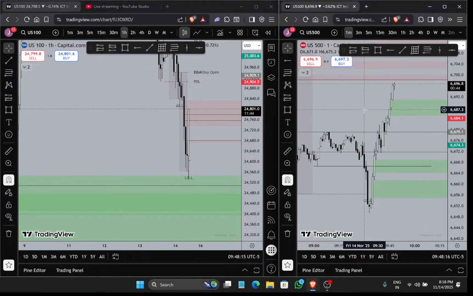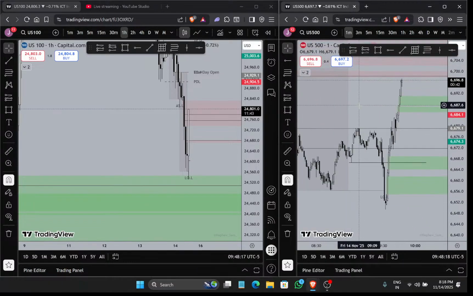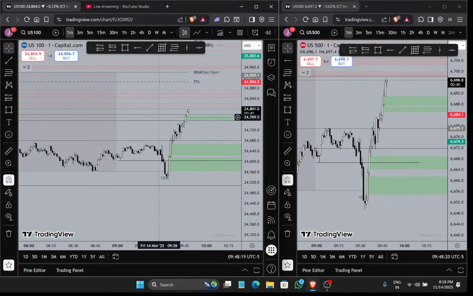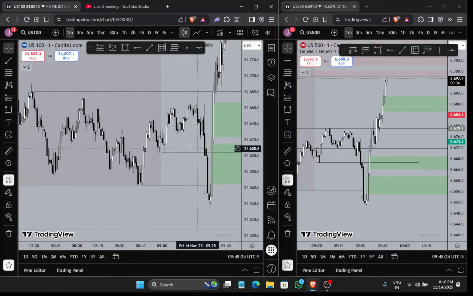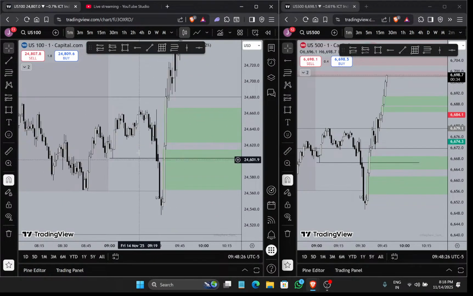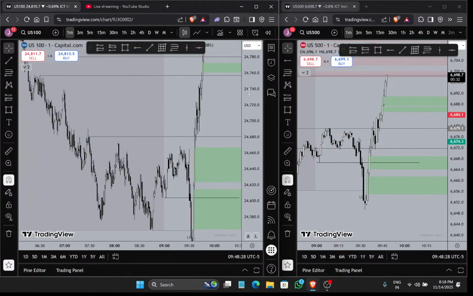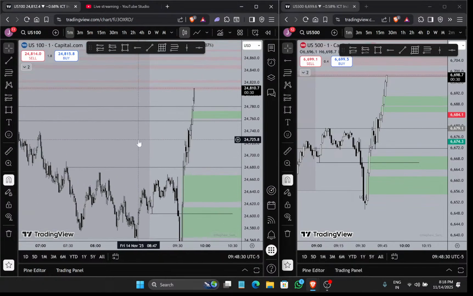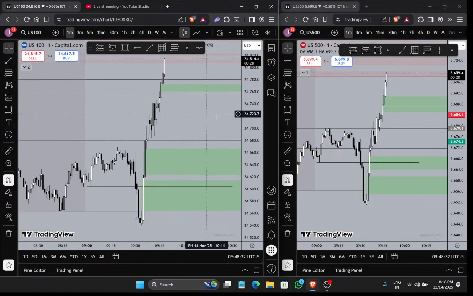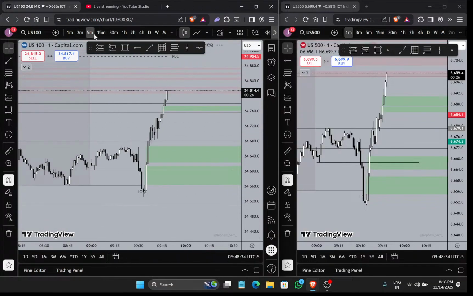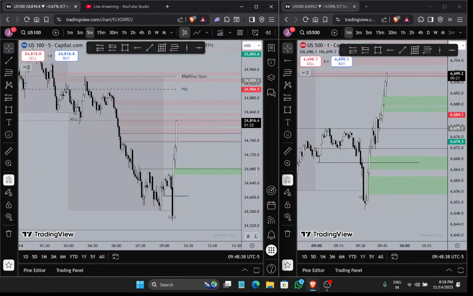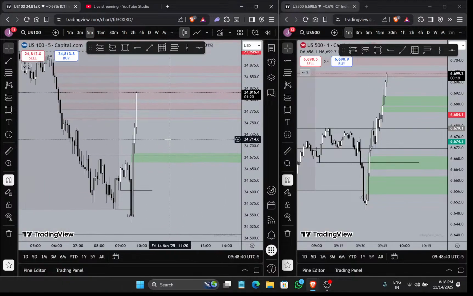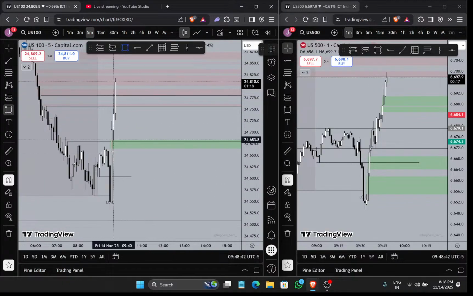Let's say we missed this one. Okay, either way. Sounds okay, but we are aggressively moving upside. I don't know what to do now. Maybe we just wait for some retracement to these gaps.